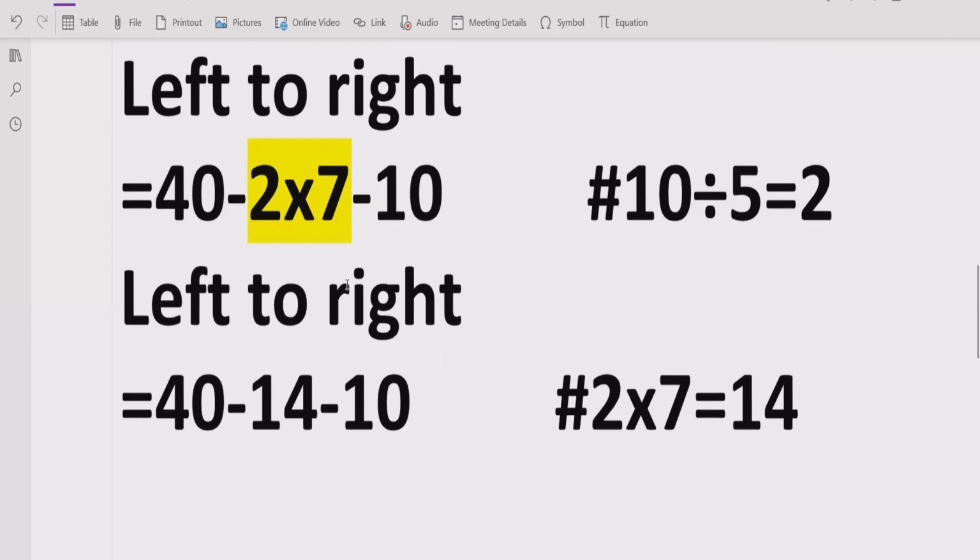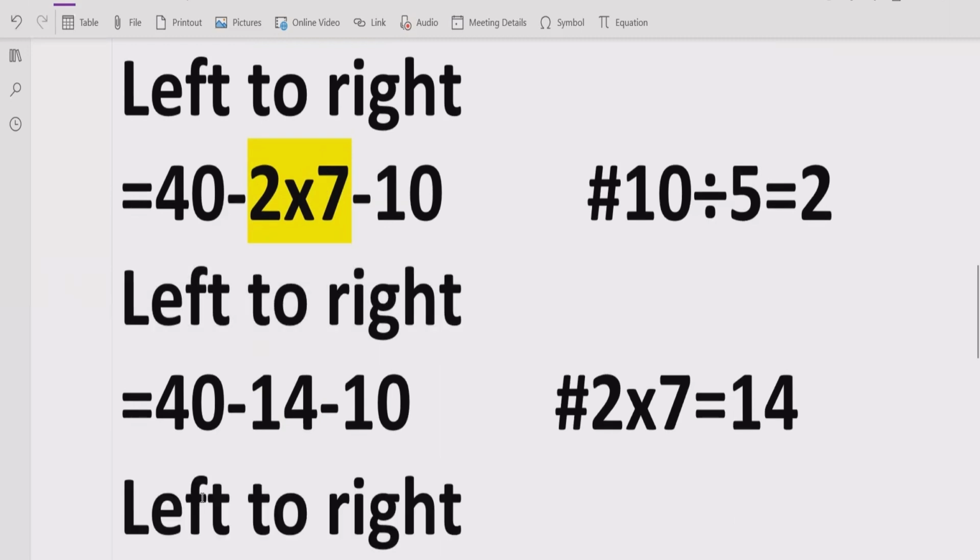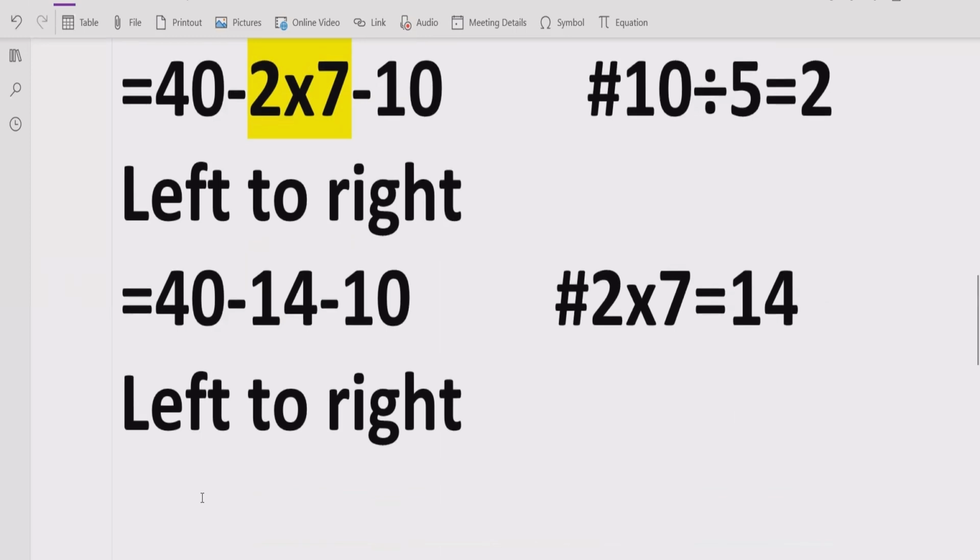Now again, we have to go left to right and see the division and multiplication. So now we do not have any multiplication and division. So now we will see the addition and subtraction. Here we have the subtraction.